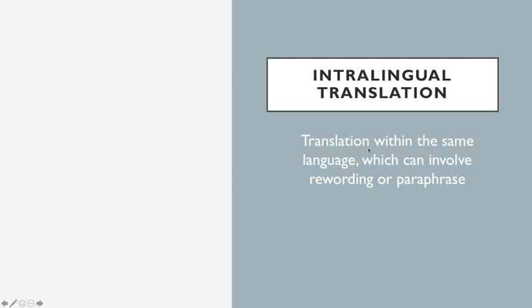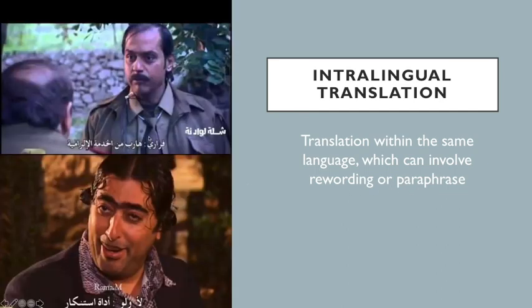Intralingual translation is the translation within the same language, which can involve rewording or paraphrasing. A very clear example is taken from one of the Syrian series, where the characters interact and speak a specific dialect in Syria, and dialect is very difficult for some people in the Arab world.